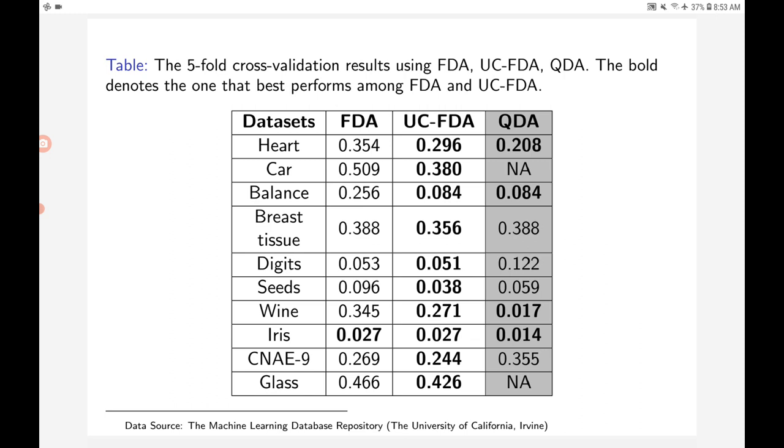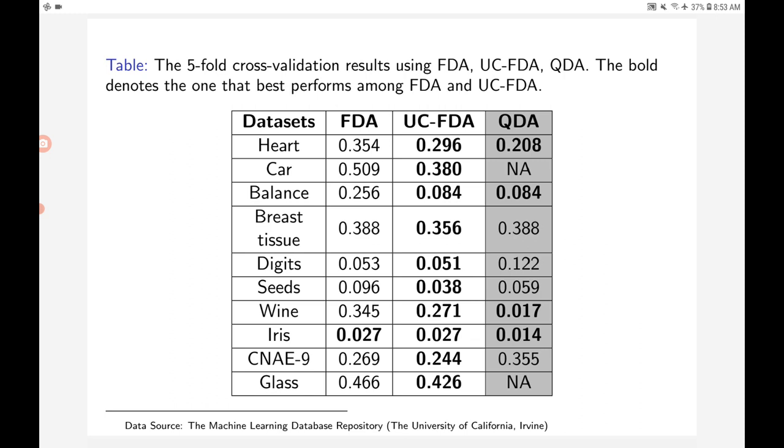So you can see that almost all of the time, our method, the unequal covariance aware FDA, performs much better than the traditional Fisher discriminant analysis. And interestingly, sometimes it even outperforms quadratic discriminant analysis.